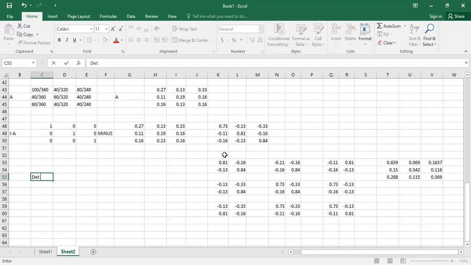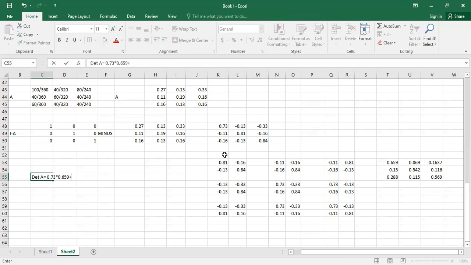So our determinant will be 0.73 multiplied by 0.659.